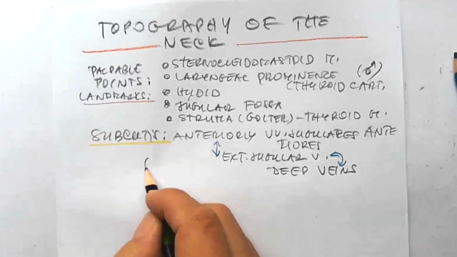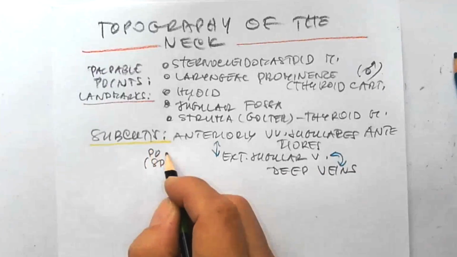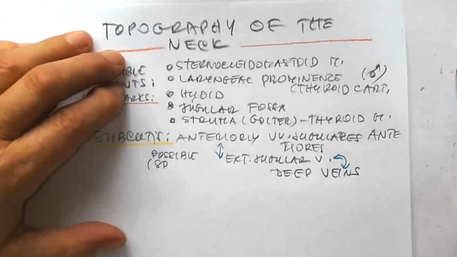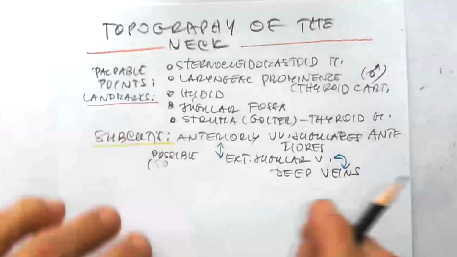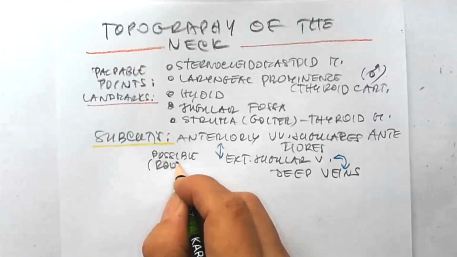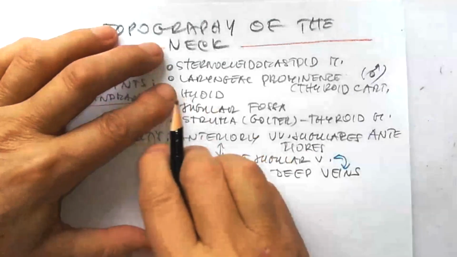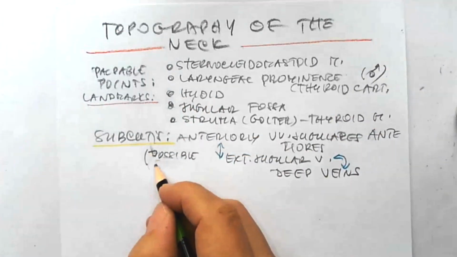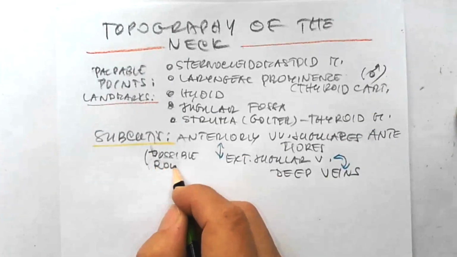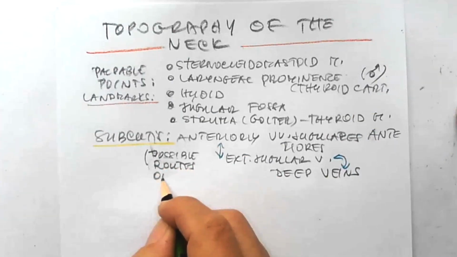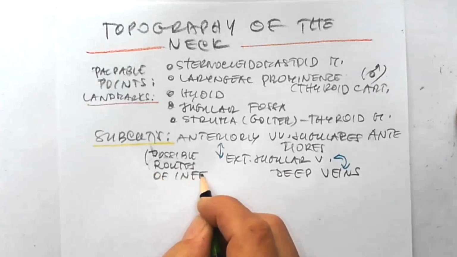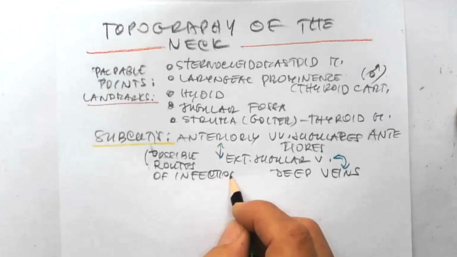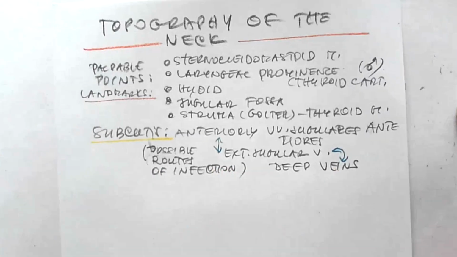So I can put below that: possible routes of spread of infection from superficial to deep and vice versa.